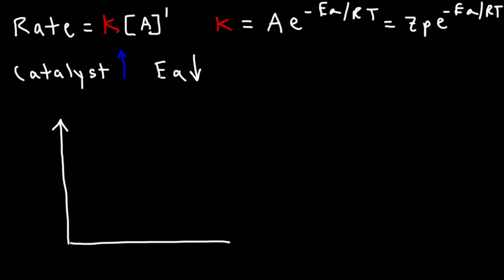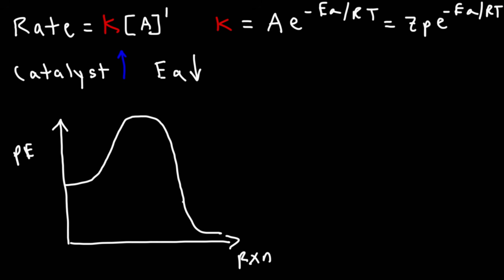So this is a potential energy diagram. We have potential energy on the y-axis and the progress of the reaction on the x-axis. So let's say we have something that looks like this, where this represents the energy of the reactants, the products, and this is the transition state.